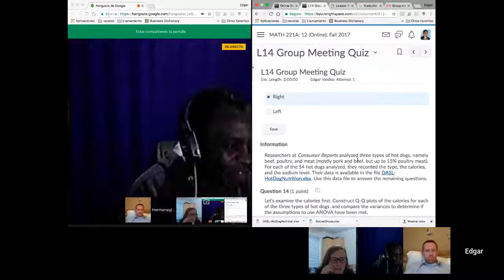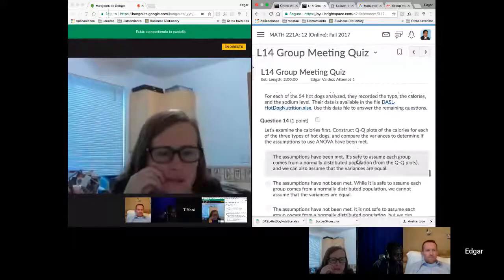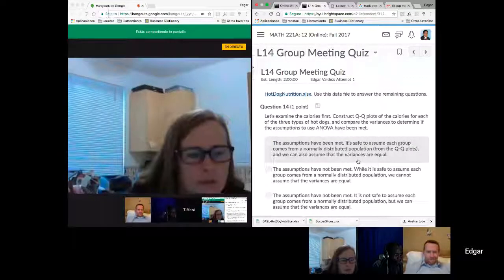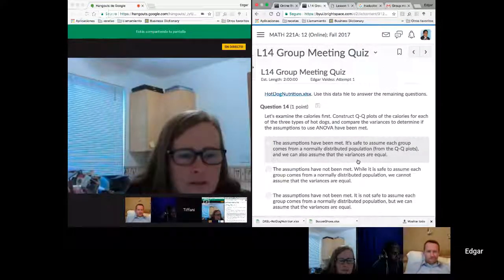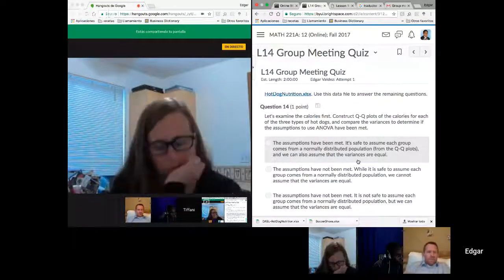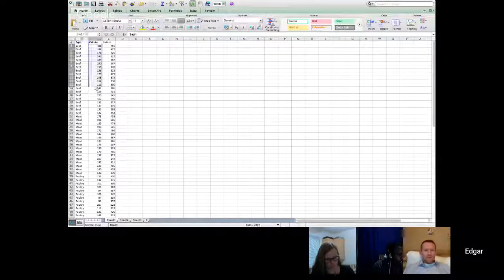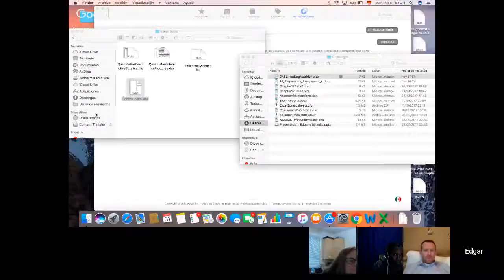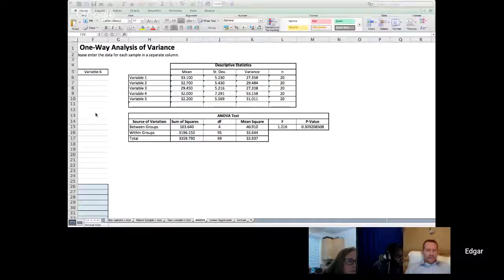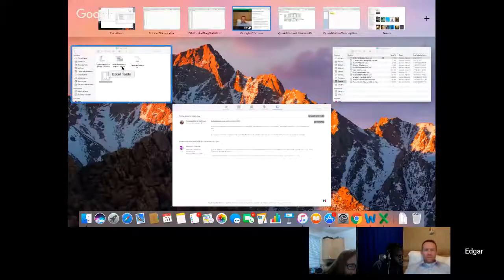Let's examine the calories first. Construct a QQ plot of calories for each of the 3 types of hot dogs, and compare the variances to determine if the assumptions to use ANOVA are met. So what are we comparing first here?